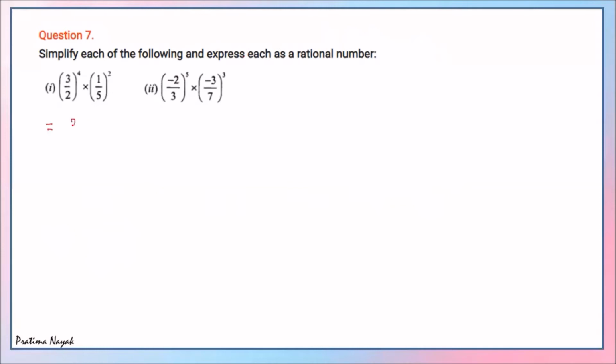Expansion means 3 by 2, where 3 is multiplied 4 times in the numerator and the denominator is also multiplied 4 times. And here it is 1 by 5 multiplied twice. Now multiply the whole numerator. It will be 81, 3 four times.